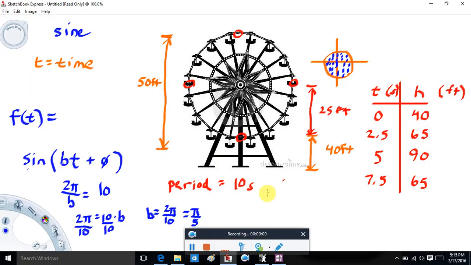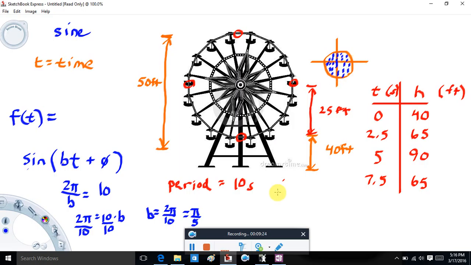Why is that? So let's think about it. So at time t equals 0, if we look at the unit circle, the rider is at a degree measure of negative pi over 2 relative to the positive x-axis.